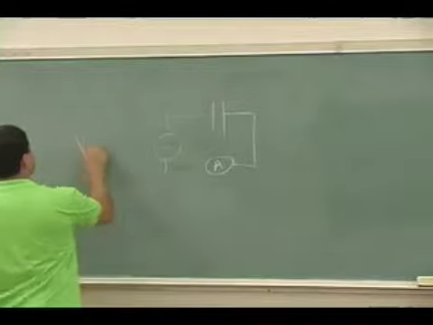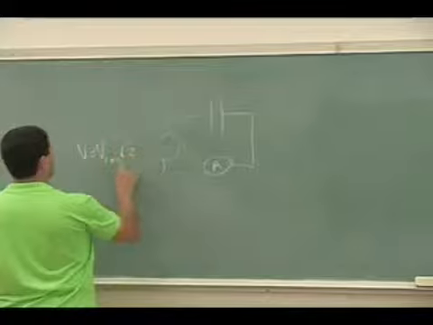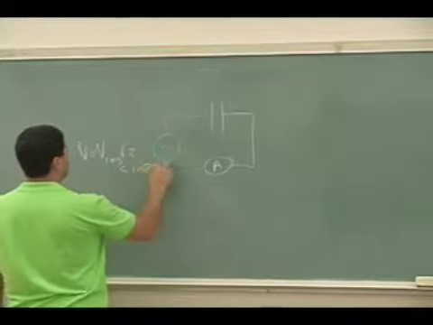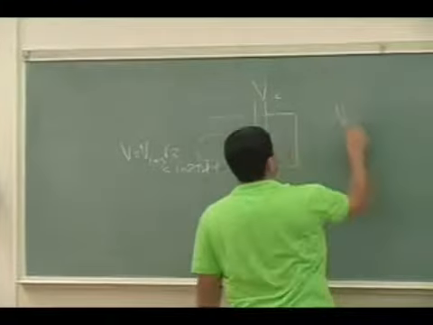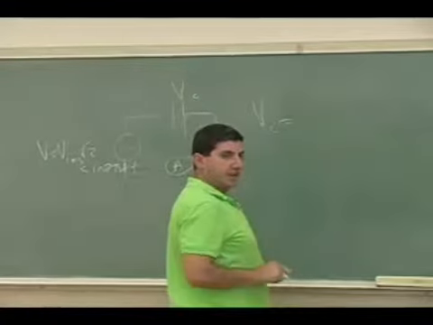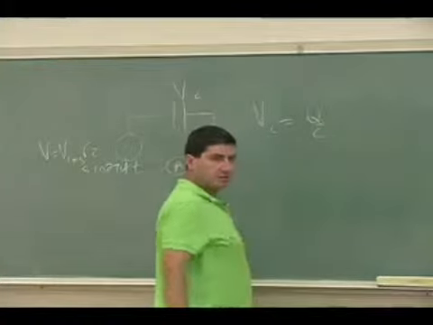So again, we have here V equals V root mean square, root 2 sine of 2 pi ft. Then we have just the capacitor. So we begin with the same idea. Voltage of the capacitor is equal to Q over C, right?